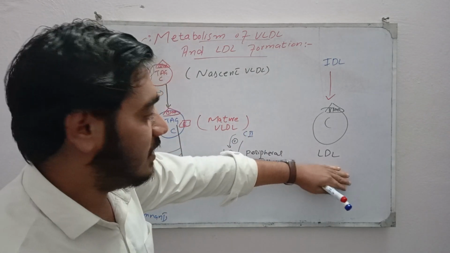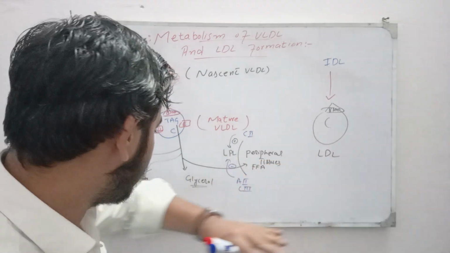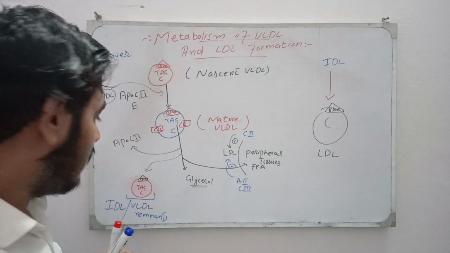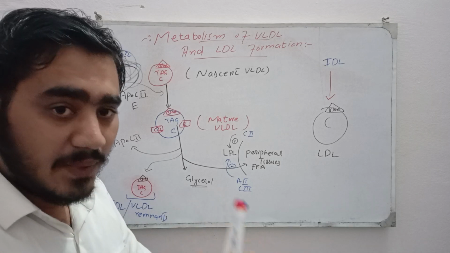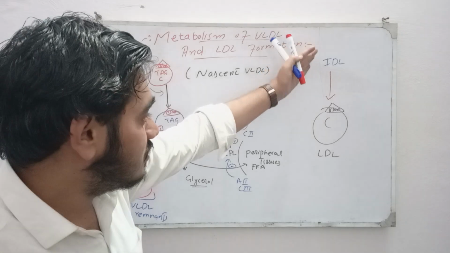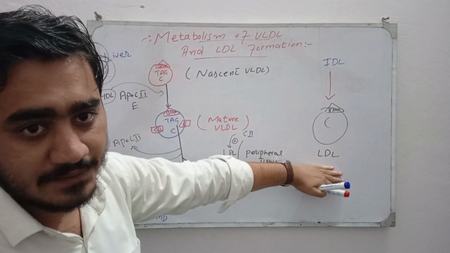In this way LDL formation takes place. Students, this intermediate density lipoprotein has two fates: it is taken up by liver by receptor mediated endocytosis, or it leads to the formation of LDL.